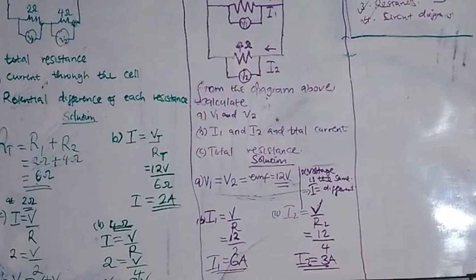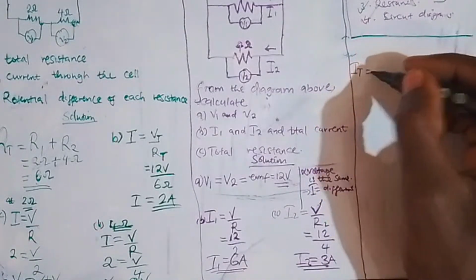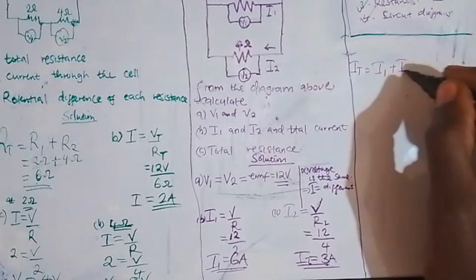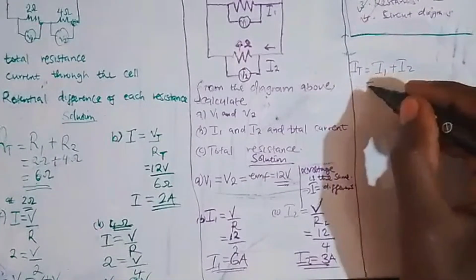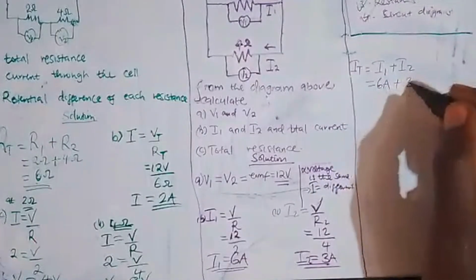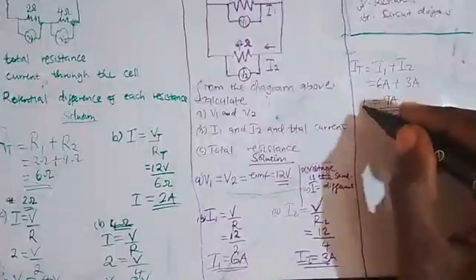So for the total current, you just have to add the first current, which is current 1, plus current 2. So what is our first current? Our first current is 6 amps plus 3 amps, which gives us 9 amps all together.